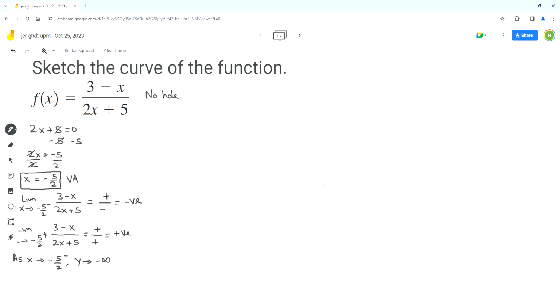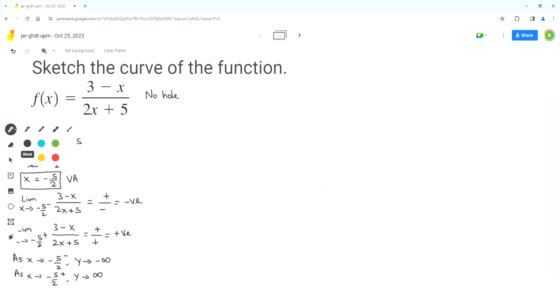And as x approaches -5 over 2 from the right side, y approaches positive infinity. So there is a very important concept we need to understand and memorize about analyzing the behavior of the curve on both sides of a vertical asymptote.